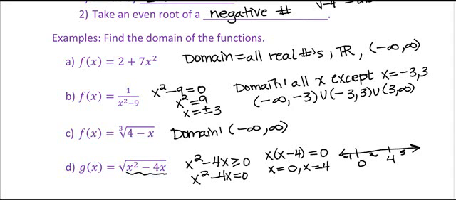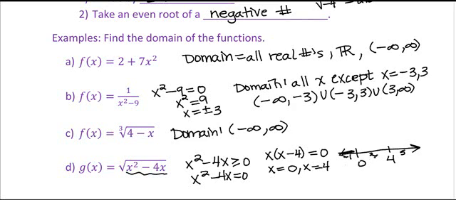So if I plug in -1 into that inequality, -1 squared is 1, minus 4 times -1 would be really plus 4. So that becomes 1 plus 4, which is 5, which is greater than or equal to 0. So that value makes that inequality true, so those numbers in that region would be included in our domain.